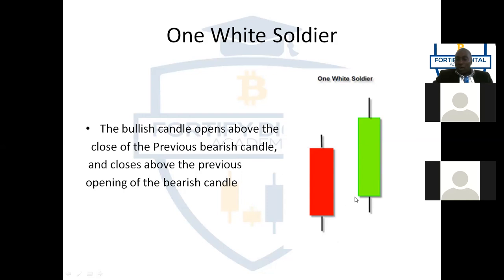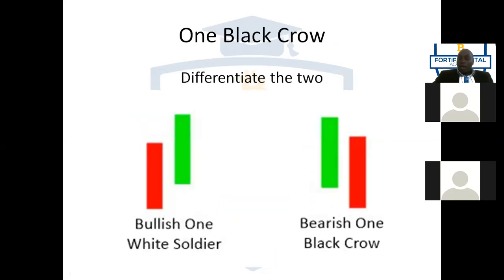Due to this jump, you get a gap between where the last closing happened and the current opening. The price again goes up to either close higher than where it opened or within the same range. So one white soldier is bullish, you see it on the support. One black crow is bearish, and it is the opposite.